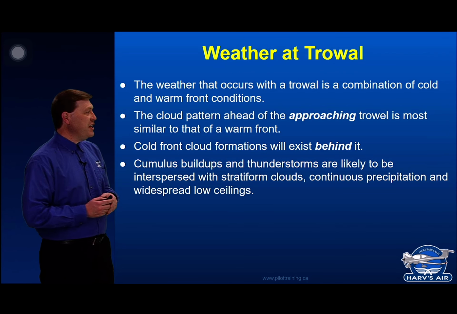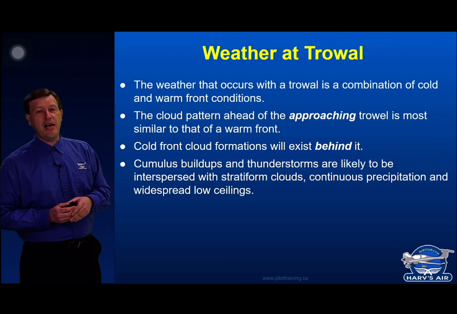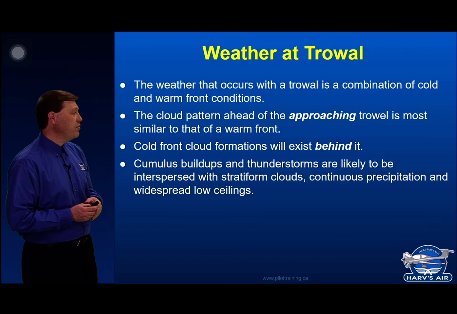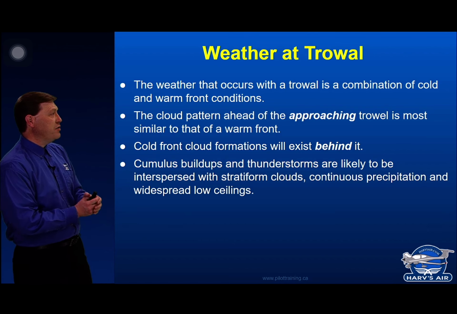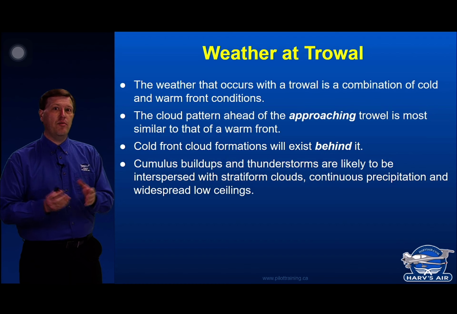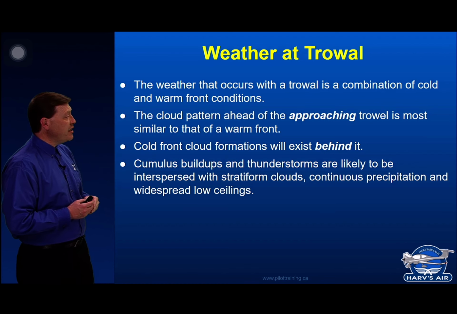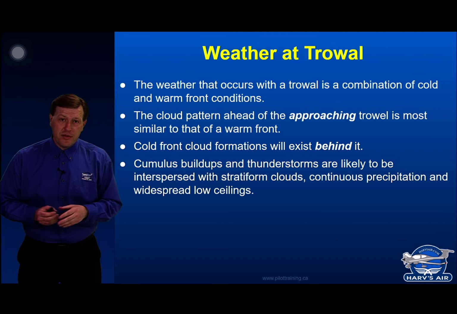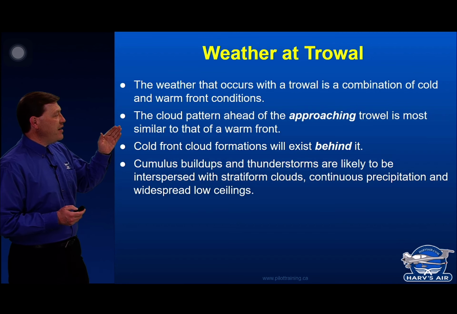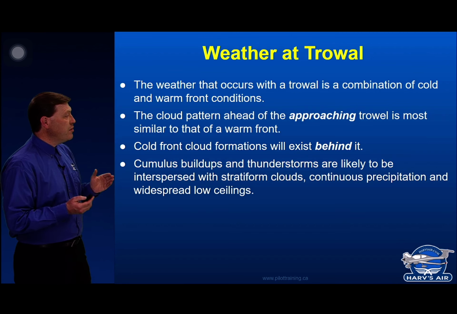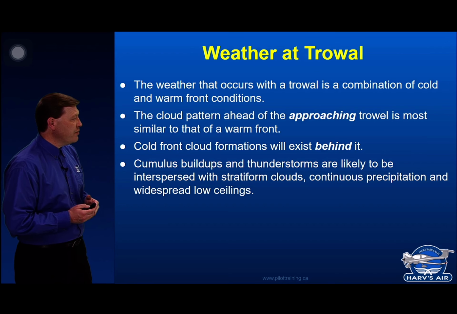All right, to finish, weather at the trowel. Well, we did talk a little bit about how trowels can often be the worst of everything, right? It's a combination of cold and warm front conditions. Remember, please, the cloud pattern ahead of the approaching trowel is most similar to that of a warm front.